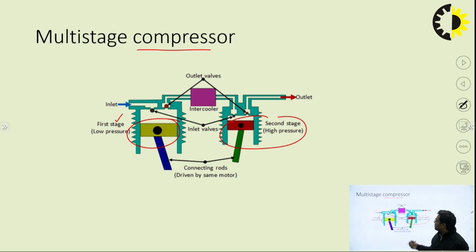To remove it, we use an intercooler between the low pressure and high pressure stages so that the temperature is reduced, and it can be used for higher pressures.